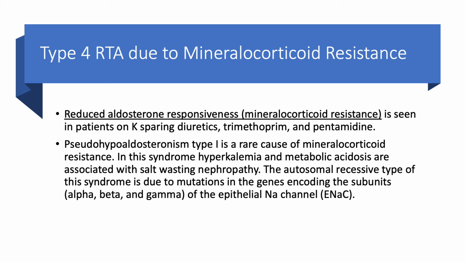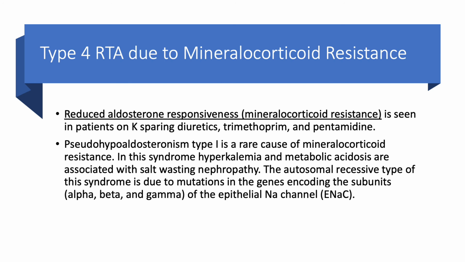Now, what about mineralocorticoid resistance or reduced aldosterone responsiveness? So when do we have resistance to the effect of aldosterone? So we do have aldosterone, but there's resistance. So this is what happens with potassium-sparing diuretics like spironolactone, eplerenone, trimethoprim, which is a blocker of the epithelial sodium channel. Okay, remember this on a test question.